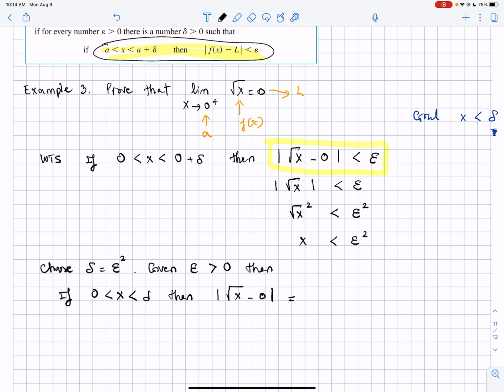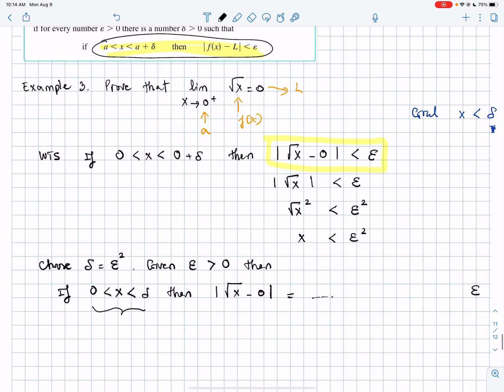In this case, we're going to do some algebra so that at the end we will end up with epsilon. So we base it on the if. Now, continuing, we have the absolute value of square root of x minus 0, which is equal to the square root of x.